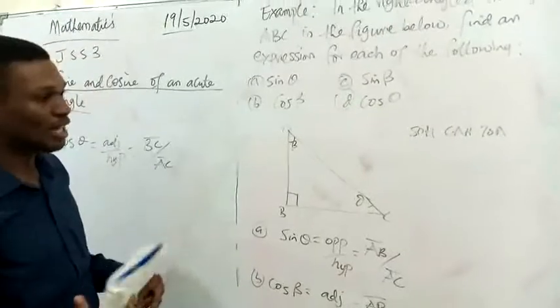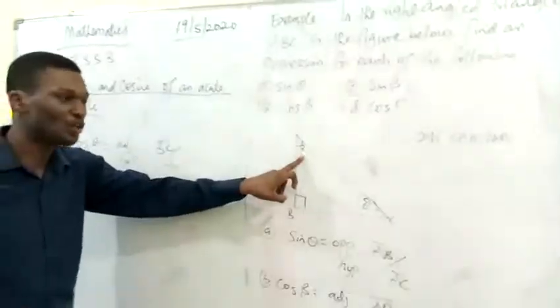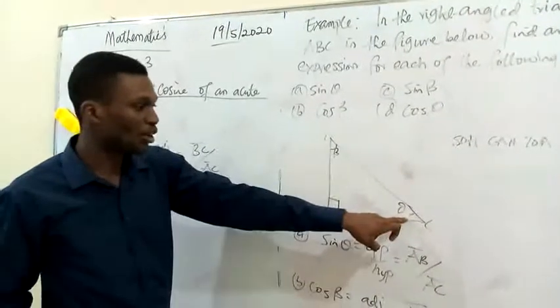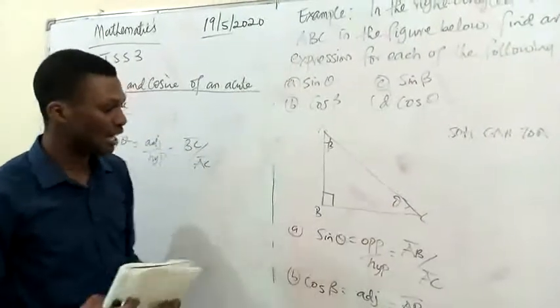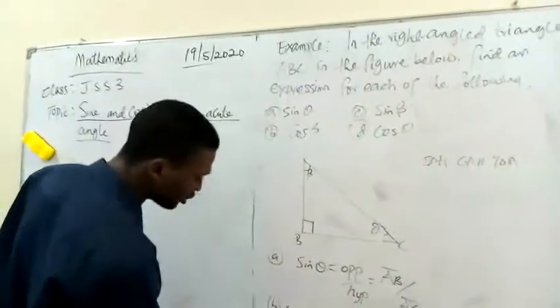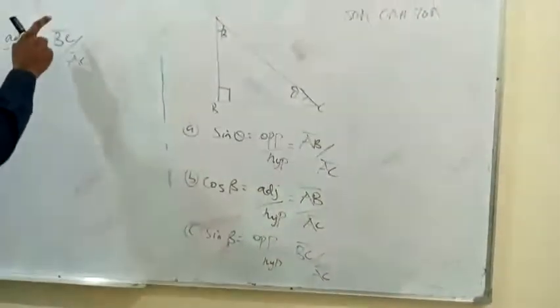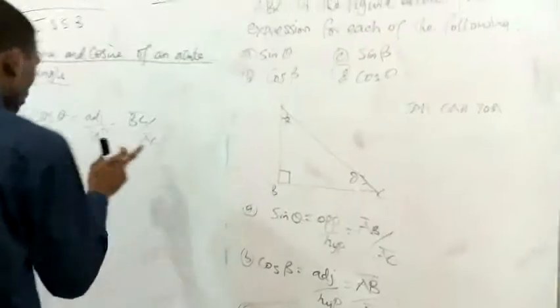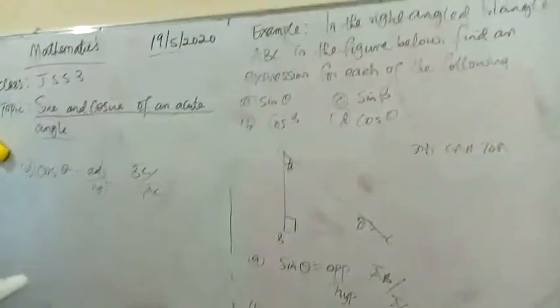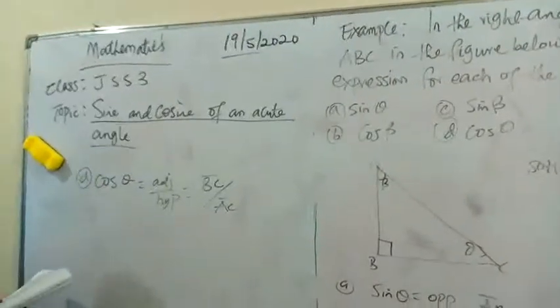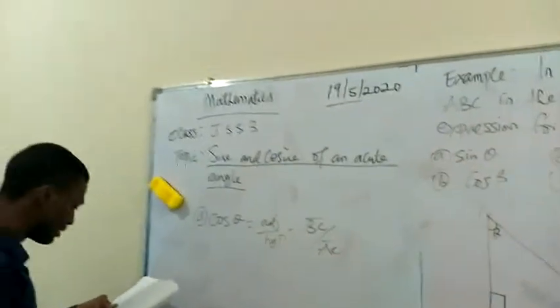So sin beta is the same as cos theta. That's what we have here, BC over AC, BC over AC. So we now solve the problem where we have given sides.